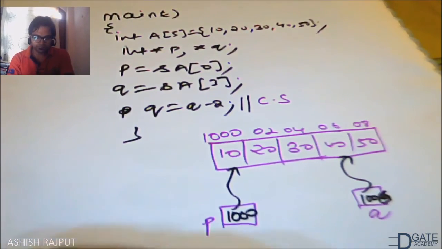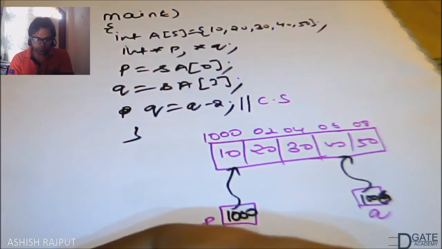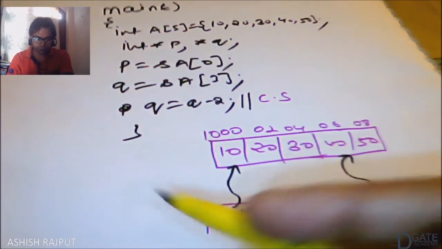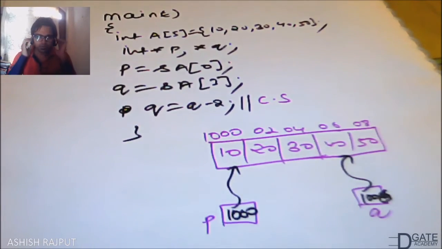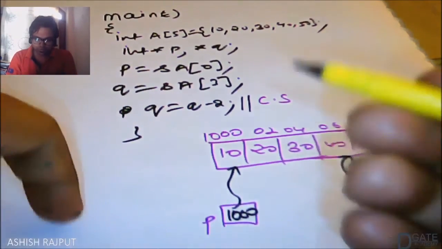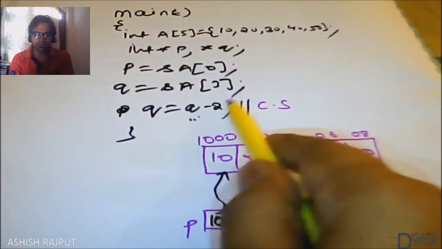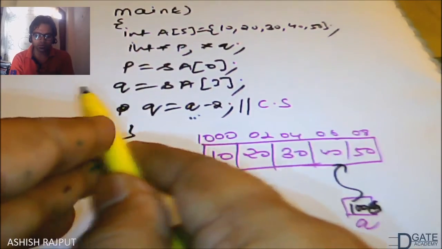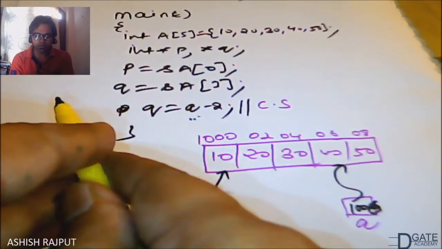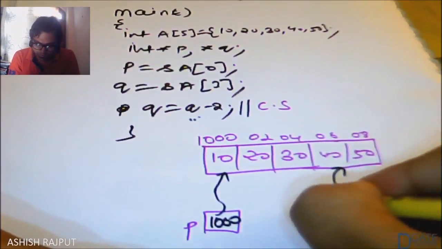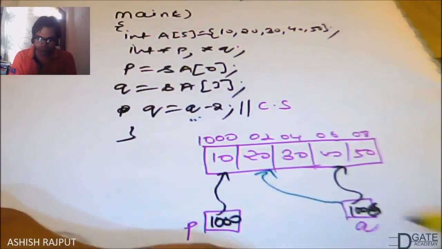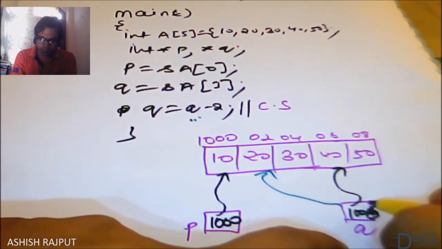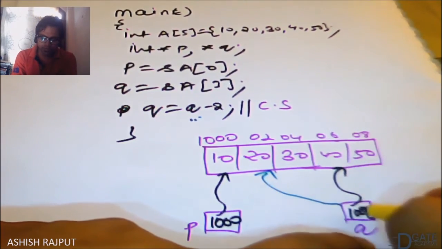So Q = Q - 2. What do we mean by Q = Q - 2? Move two elements in the backward direction. This is the current location, in the given program 1006 is pointing to this.